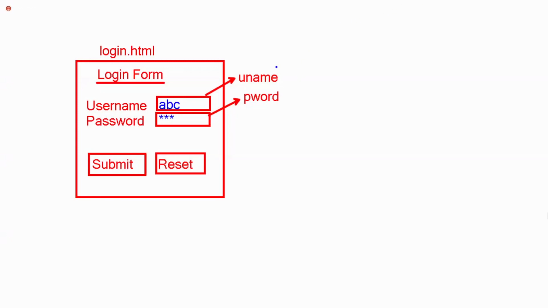First of all, what are these two? These are called request parameter names. Okay. What are these two? Request parameter values.